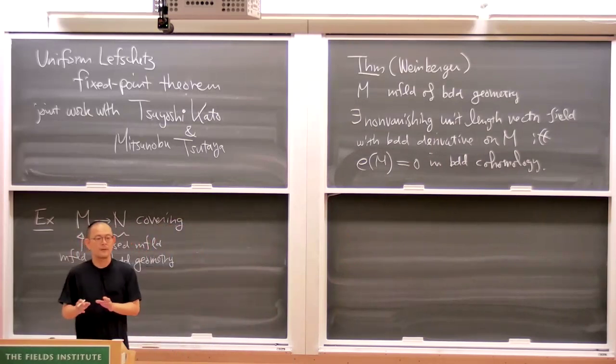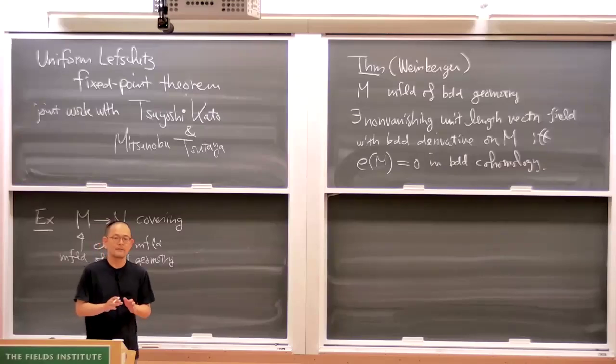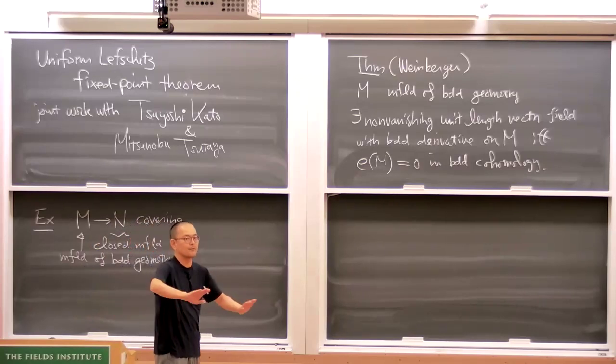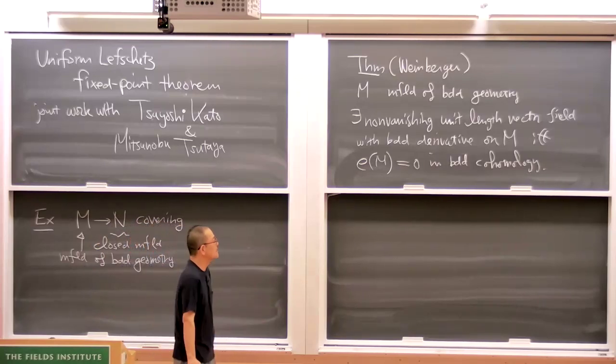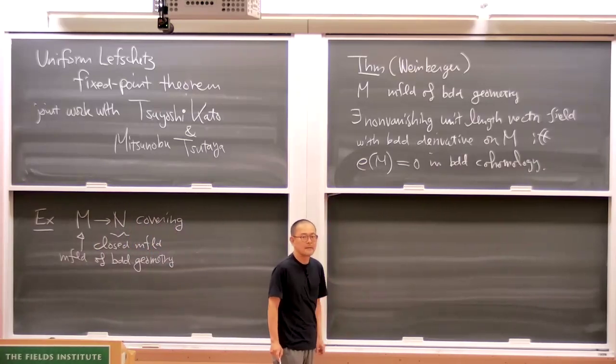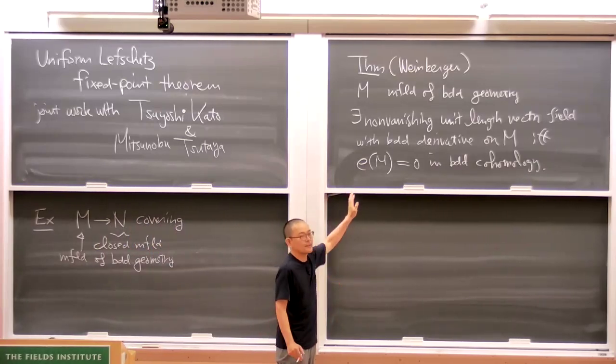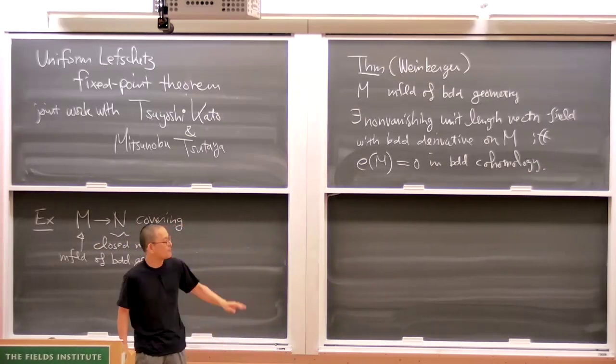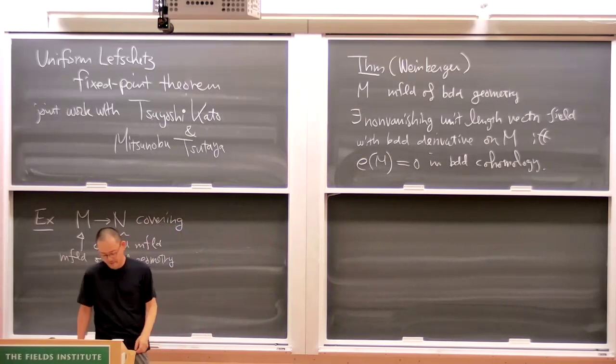Indeed, we have a vector field with isolated zeros, and if the manifold is non-compact, we can sweep out zeros to infinity and then get a non-vanishing vector field. But the point here is that its derivative can explode, so we have to assume something on the derivative.